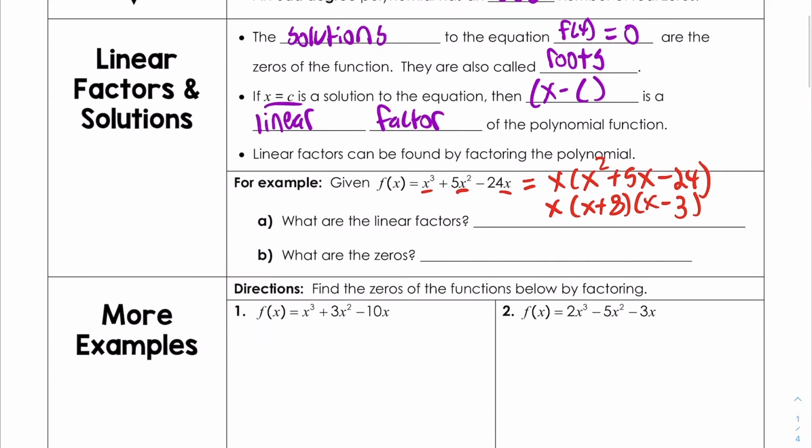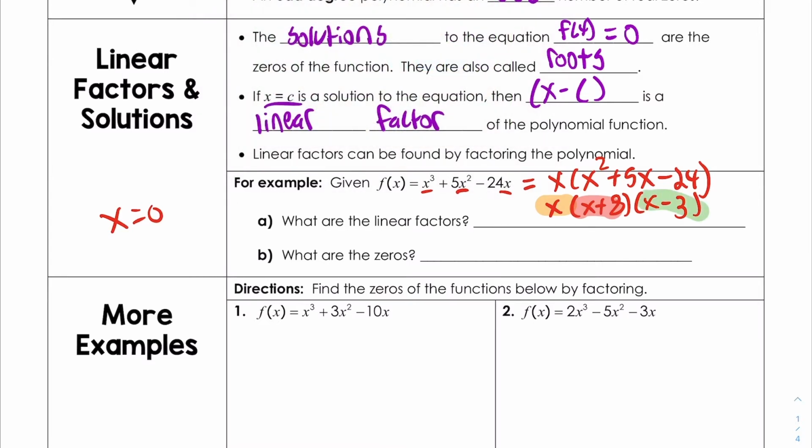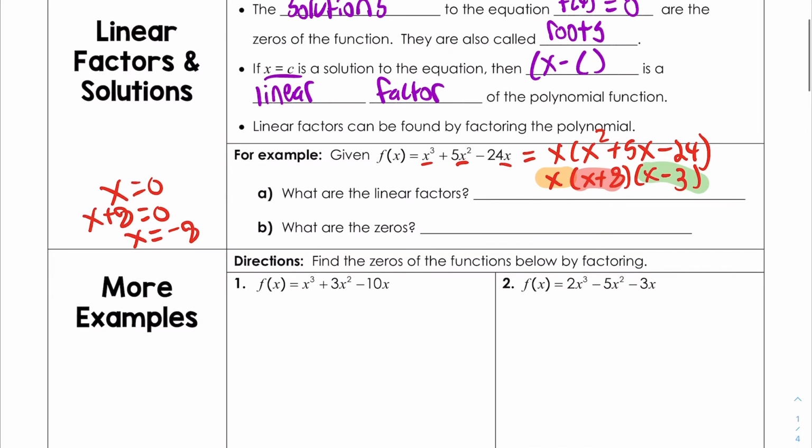So if we take these 3 factors and set them equal to 0, we should get the x-intercepts. If we take the x and we set it equal to 0, x equals 0. Then x plus 8 equals 0, and we solve that by moving the 8 to the other side, so you get x equals negative 8. Then that would be one of the x-intercepts. And then the third one, x minus 3.